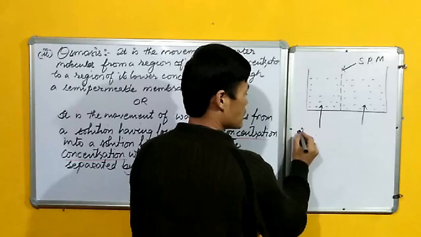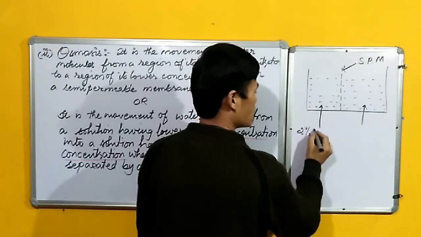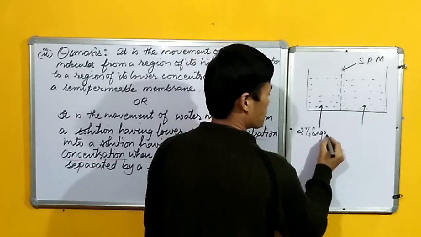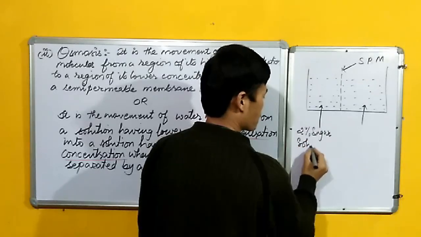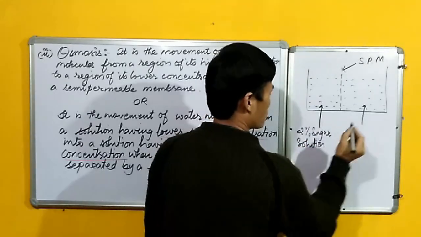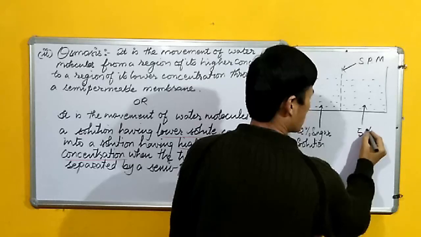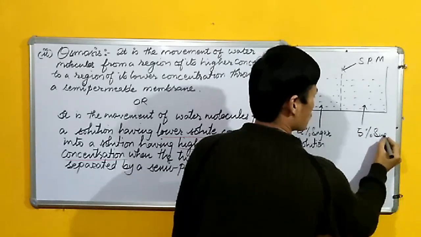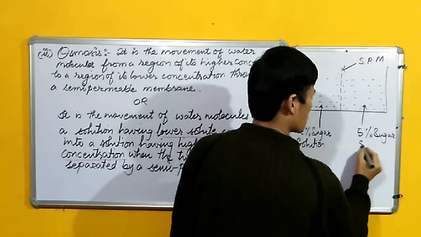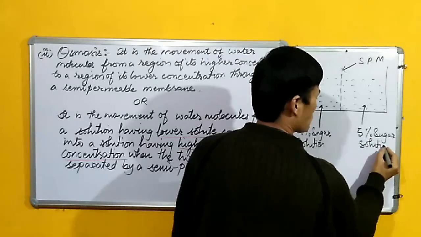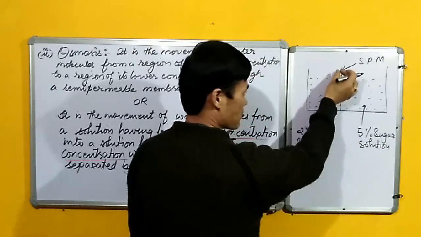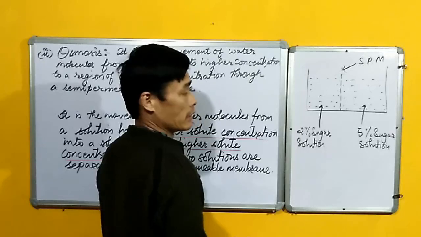Let us say this is 2% sugar solution. And let us say this one is 5% sugar solution. And the two solutions are separated by a semi-permeable membrane.